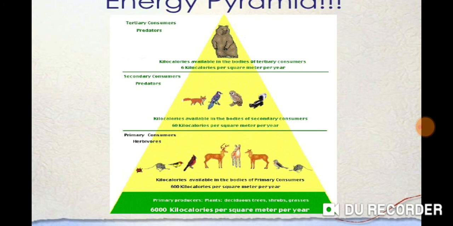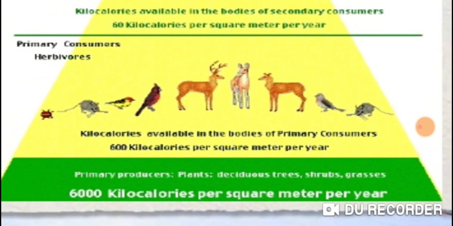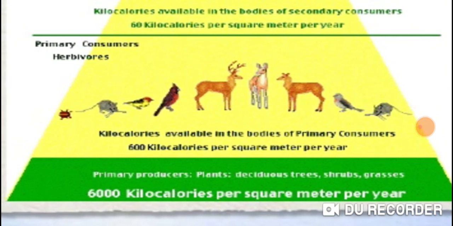At the bottom, here you can see the green line represents the producers, that are plants. Here it's written deciduous trees, shrubs, grasses, and so on. First step. Then the second one is primary consumers, those organisms which depend on plants for their food.